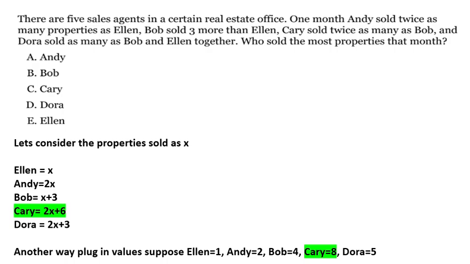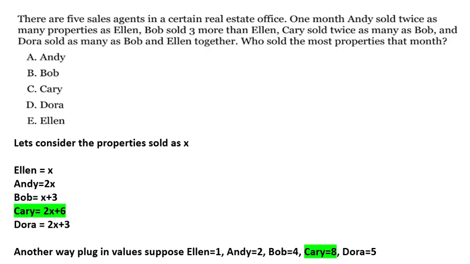There are two ways to solve this question. The first one is to consider that the number of properties sold is X, and then look at which of those, as per the conditions given here, is the largest, and then identify the answer.